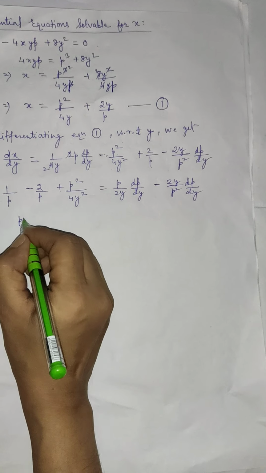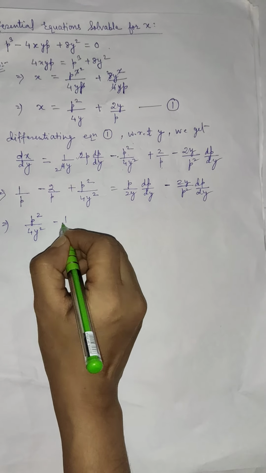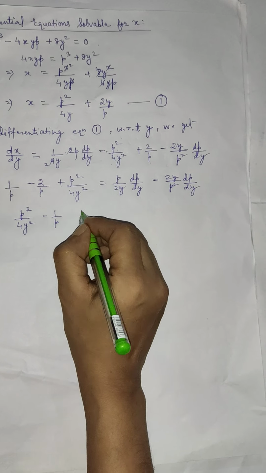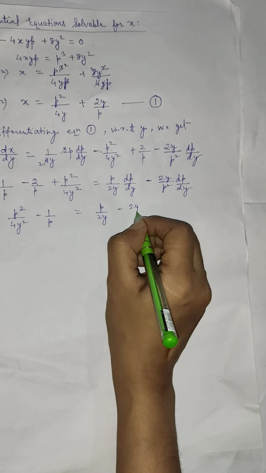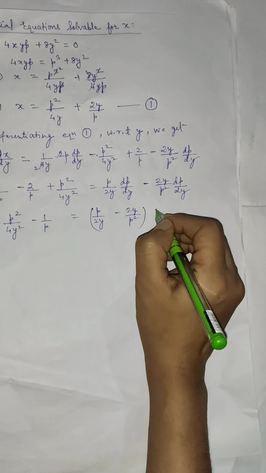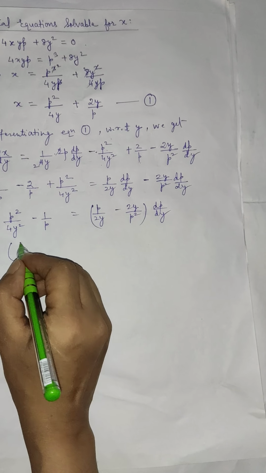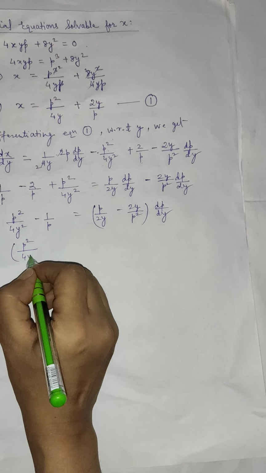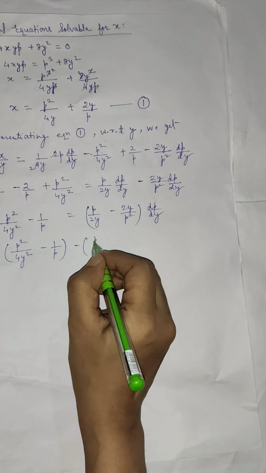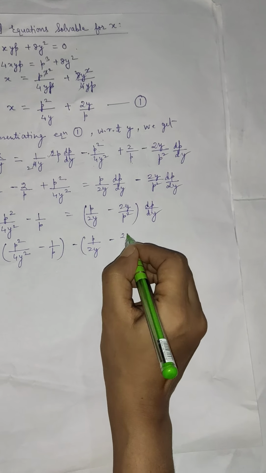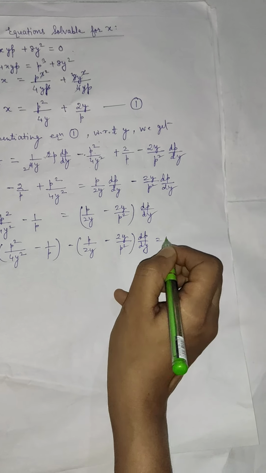This will become p square by 4y square minus 1 by p is equal to p by 2y minus 2y by p square dp by dy. Then p square by 4y square minus 1 by p minus p by 2y minus 2y by p square dp by dy is equal to 0.